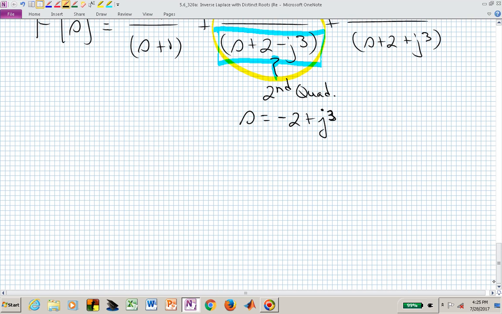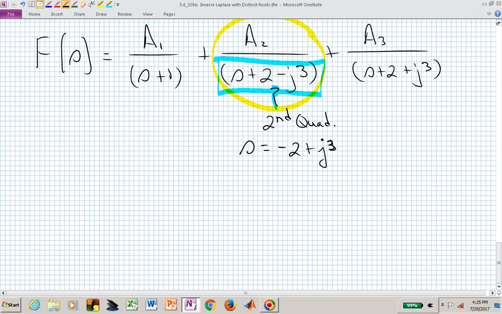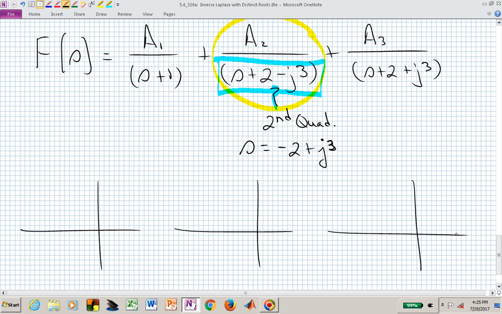Another way to look at these three pieces of capital F of s, to verify that in fact they do represent unique or distinct poles, is with s-plane plots to try to identify all three of these poles.